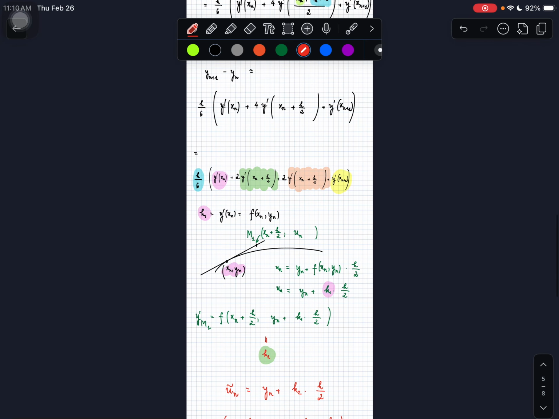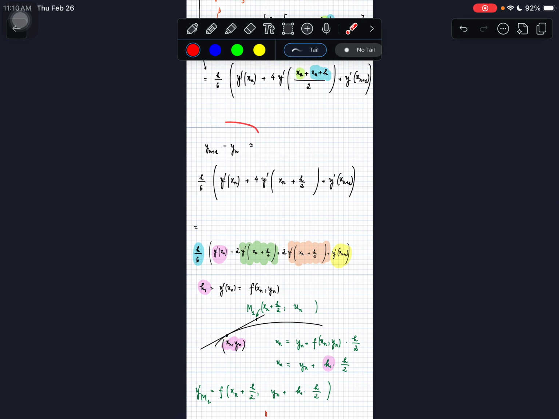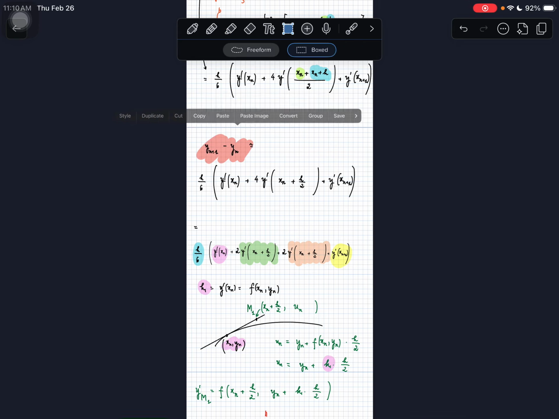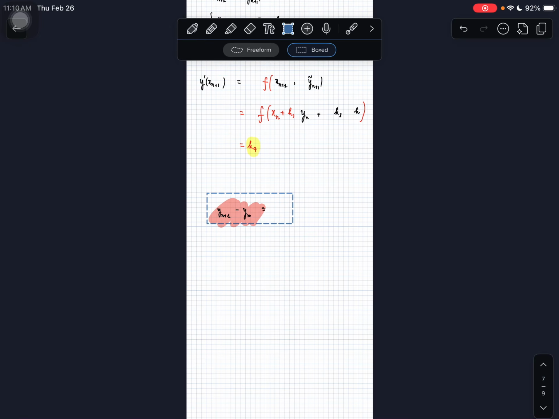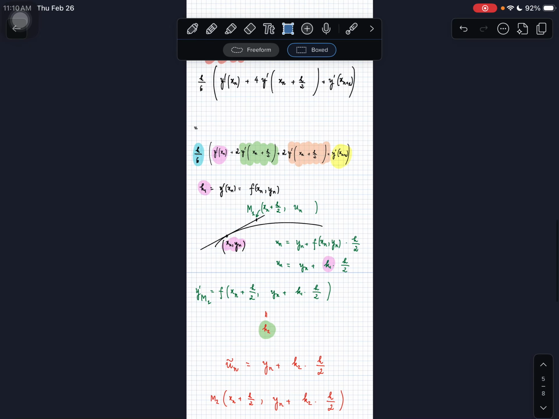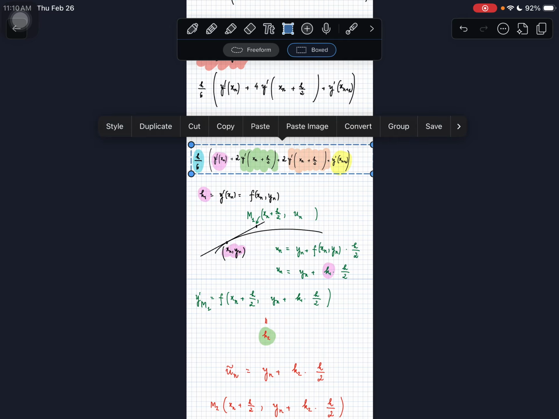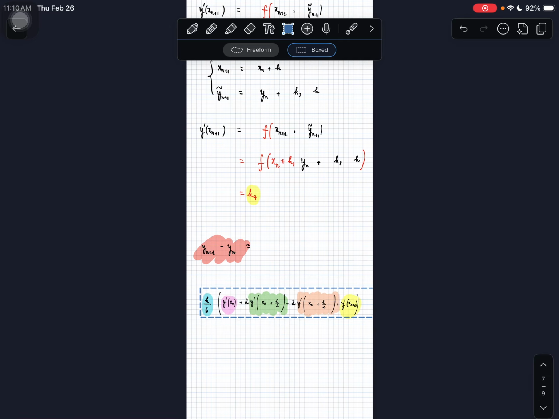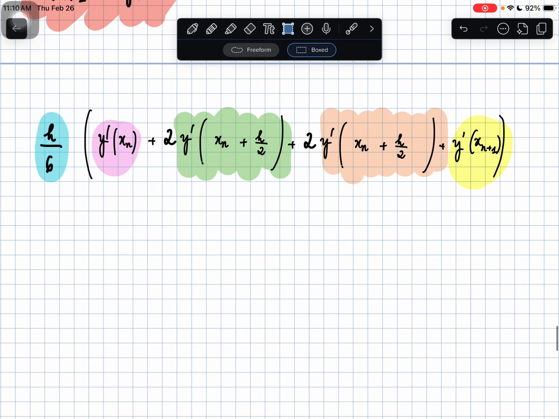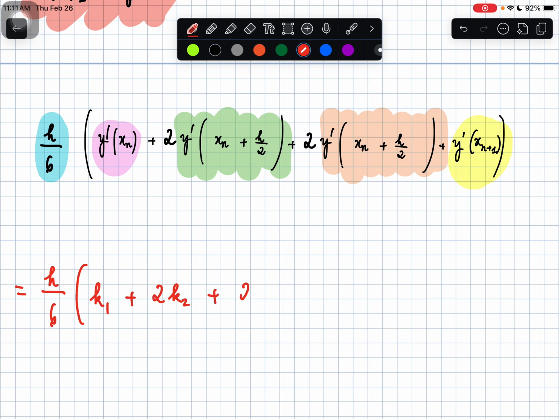Now we have all of k1, k2, k3, k4. We are good to approximate this one. So all together, yn plus 1 minus yn equals h over 6 times this, which is h over 6 times k1 plus 2 k2 plus 2 k3 plus k4.